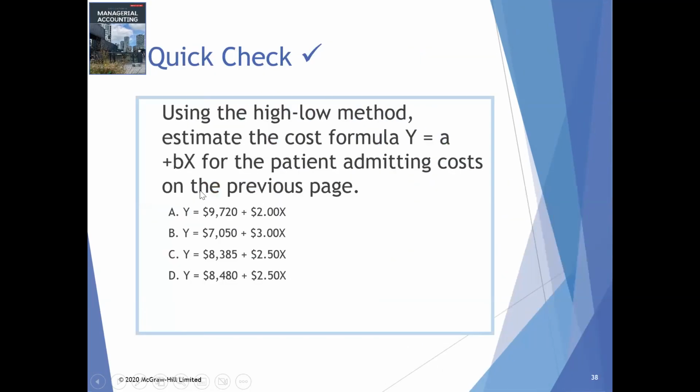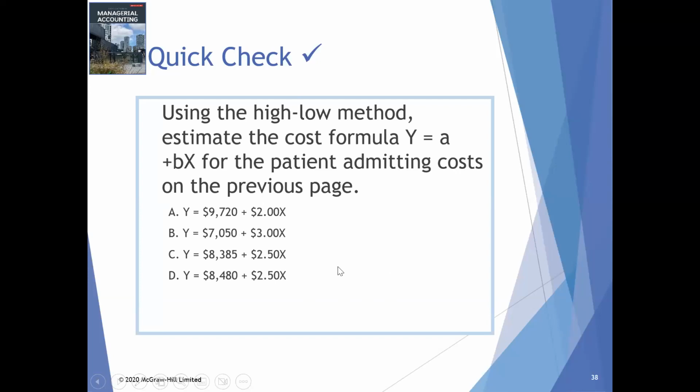Okay, so now we have here a quick check using the high-low method. Estimate the cost formula y is equal to a plus bx for the patient admitting cost on the previous page. So we have here, let's say, y total cost, we have this much, and this much, and we have different criteria given to us.